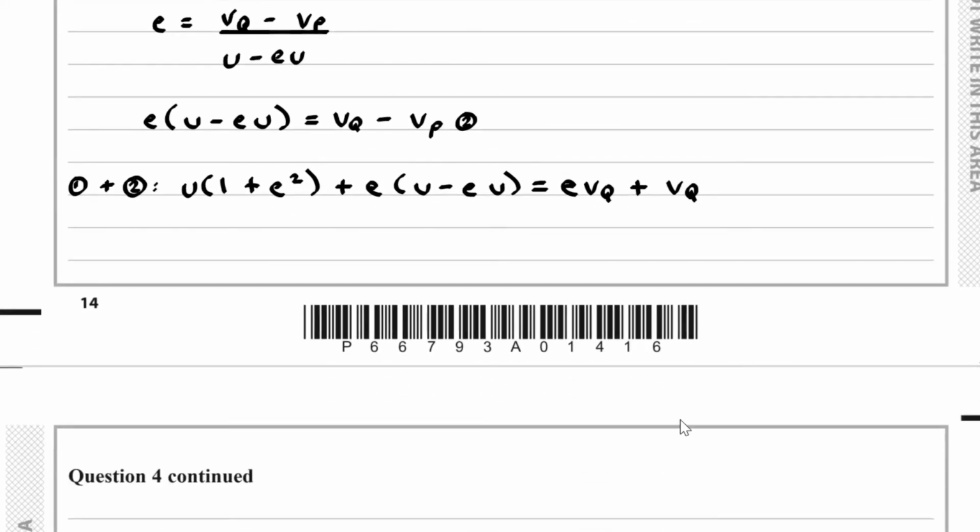So let's see if we can tidy up all of this. Well, let's expand the brackets. We've got u plus e squared u plus eu minus e squared u equaling evq plus vq.